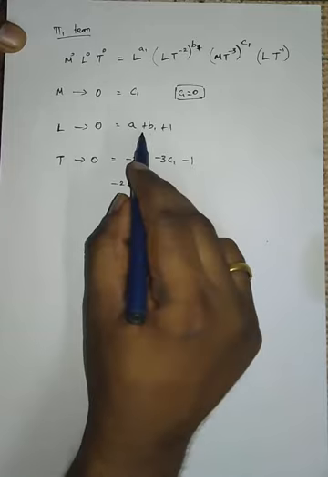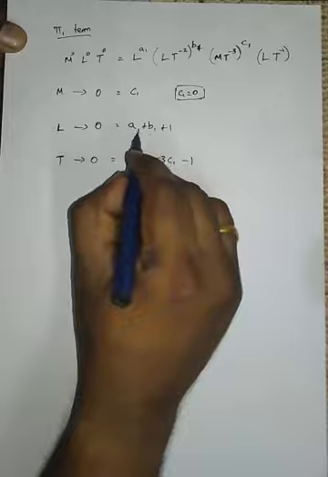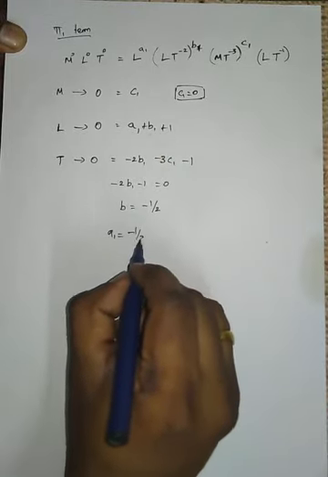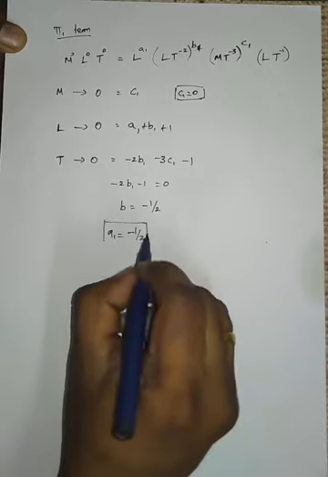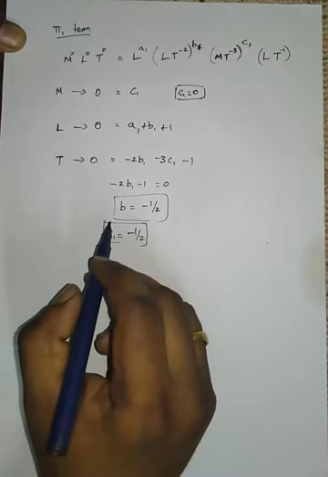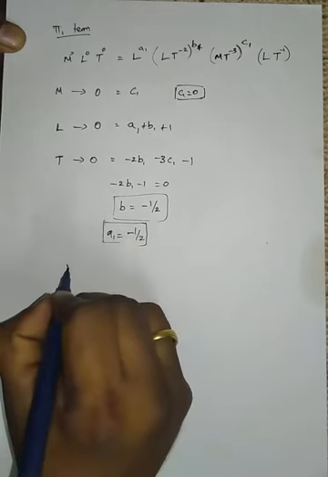Substitute the b value in this equation, and you will get the a1 value as minus 1 by 2. So you have found the a1, b1, c1 values. Now substitute the a1, b1, c1 values in the first pi term.